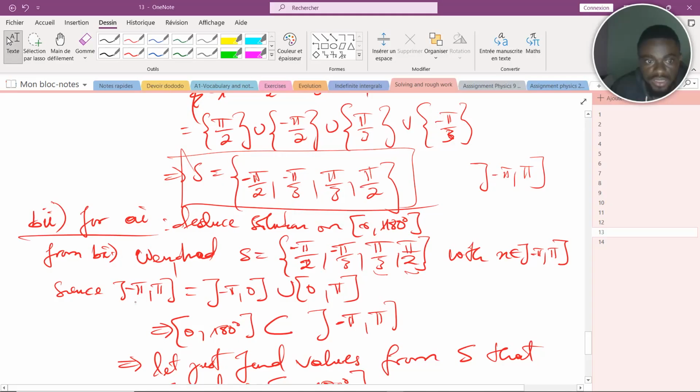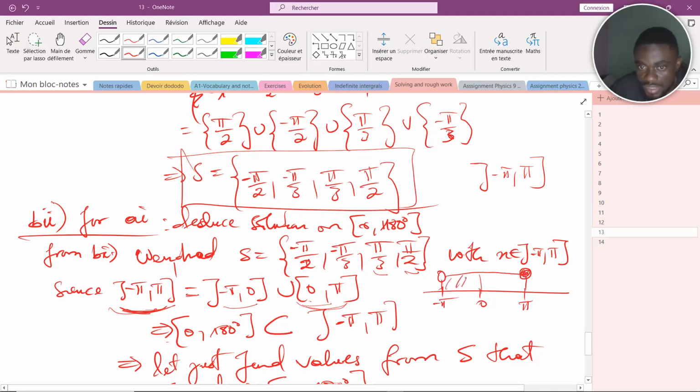You know that this interval can be broken down into what? This interval union this interval. It simply means that this interval is a subset of this interval. You understand? When you draw the number line, if this is minus pi, this is pi, this is 0, this is the interval open at minus pi, closed at pi.